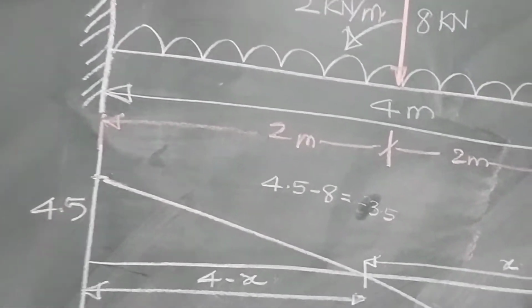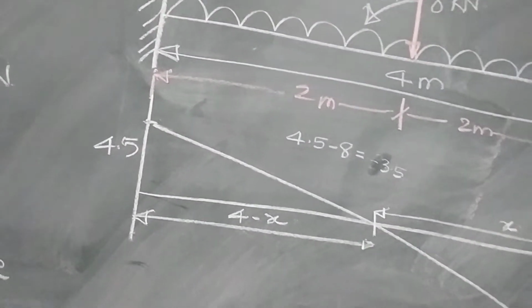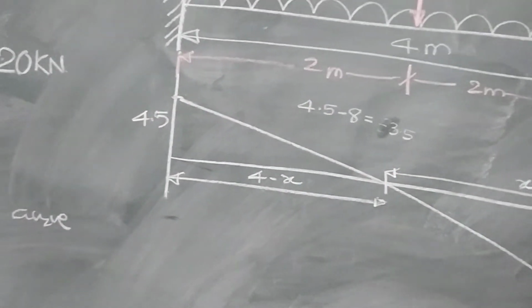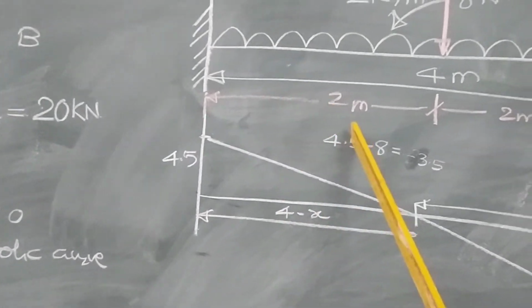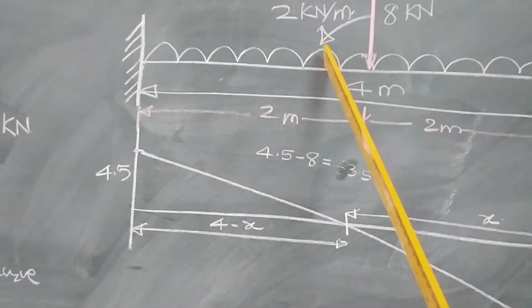Now, solve this. At RA, there is 4.5. Throughout the entire span, there is UDL. So, 4.5 minus 8. This is 8 kilonewton intensity of UDL.